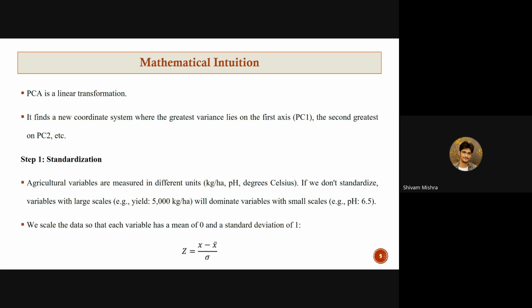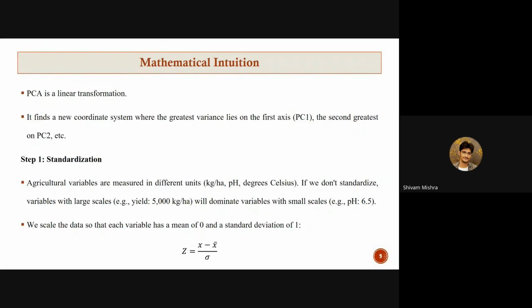Now, the first step is standardization, because suppose we have 50 independent variables, they can be measured in different units. For example, agriculture variables are measured in different units: kg per hectare, pH, degrees Celsius.